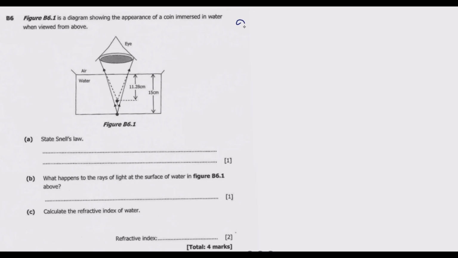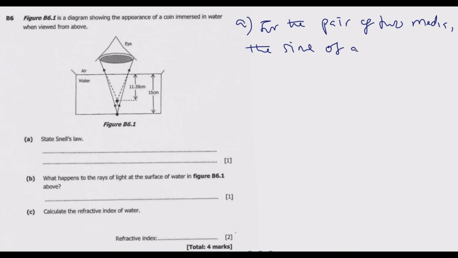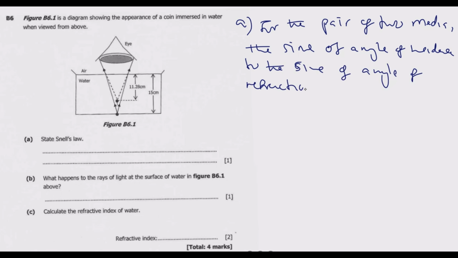So basically, Snell's law states that for the pair of two media, the sine of the angle of incidence to the sine of the angle of refraction is constant.